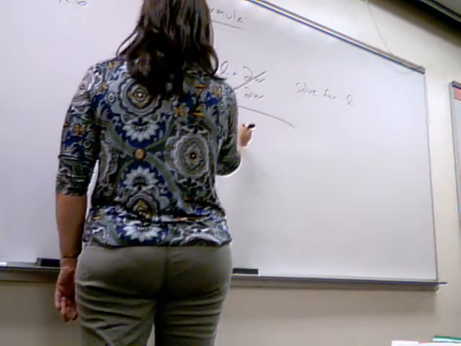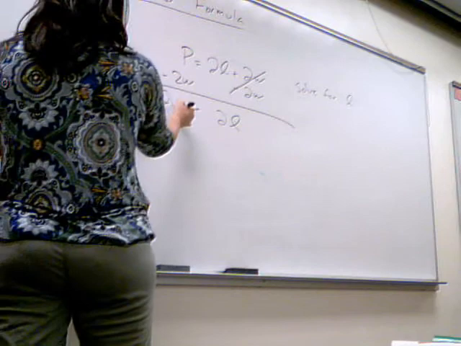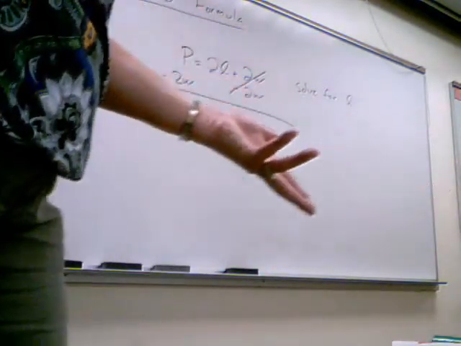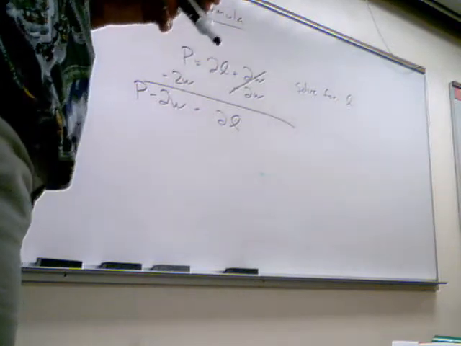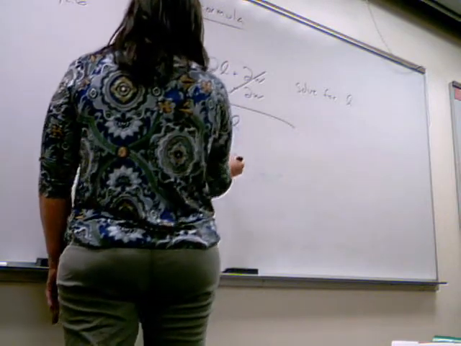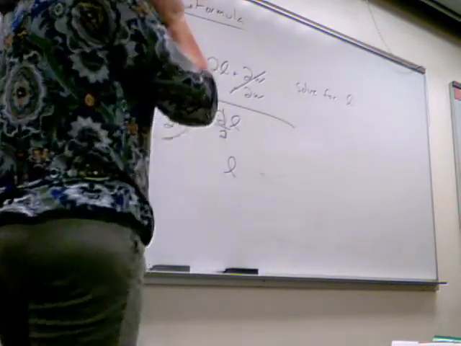That leaves me with 2L over here. What do I have over here? Well, I have P minus 2W. I can't really combine that at all, right? Now what? Divide by 2. So then L is going to equal this whole mess right there.